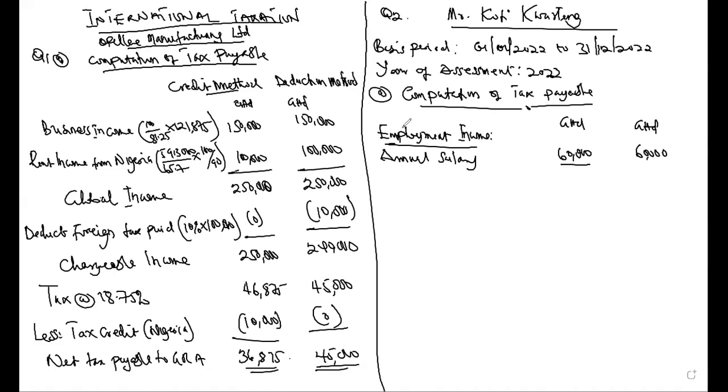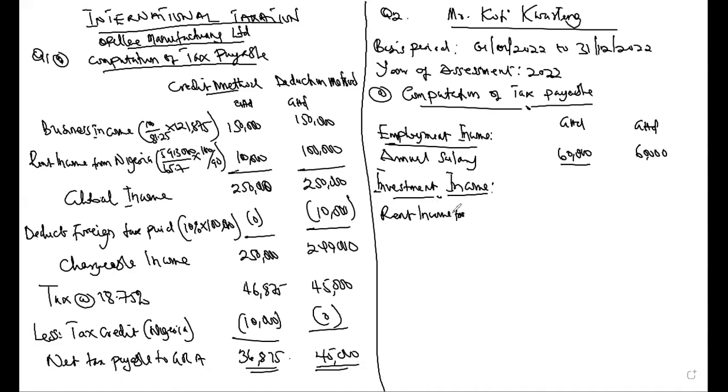All right, so let's go to the investment income. The first one is the rental income from Togo.